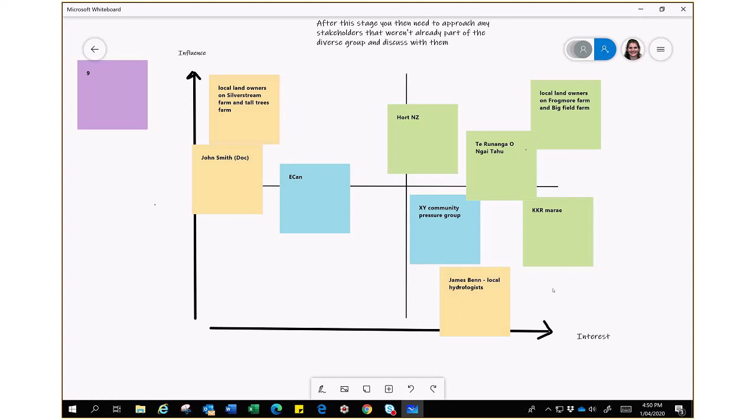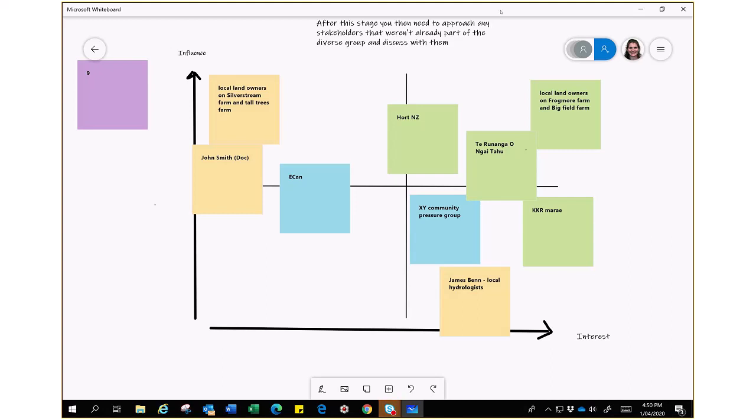And the people in yellow, we're not going to involve in the project. Once you've done this with all of the stakeholders on the map, that's basically your first iteration of boundary setting. At this stage, you need to remember to go back to those identified stakeholders who you said you want to work with, but who aren't in the diverse group that you've been discussing with, and check your understanding and discuss with them their involvement in the project. Don't just assume that they're going to be involved.